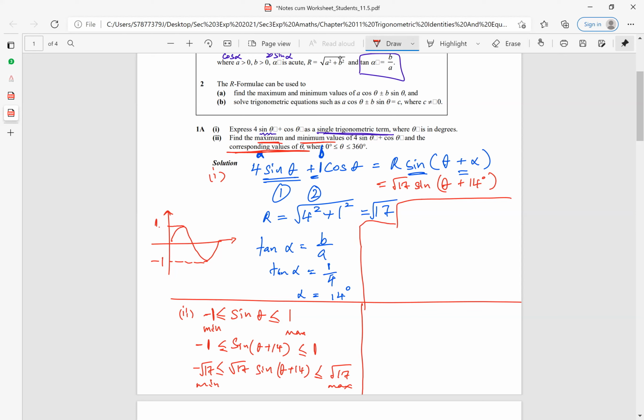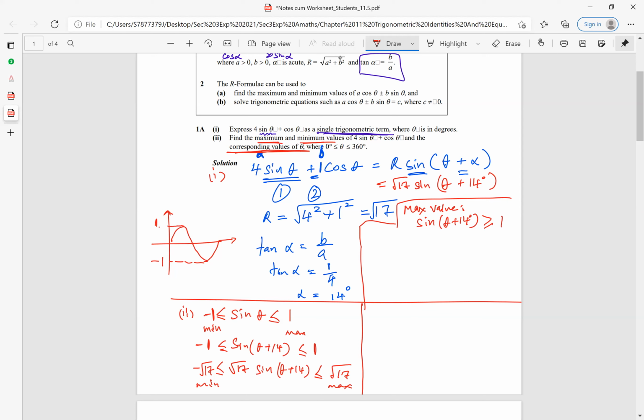Okay, so what I'll do is I'll take this square root 17. Wait, sorry, so for the maximum value, sine theta plus 14 degrees must be greater than or equal to 1.